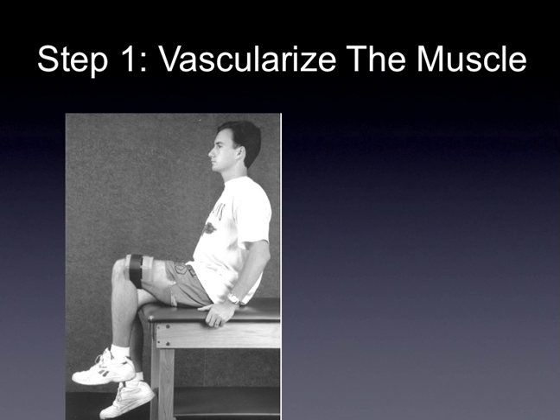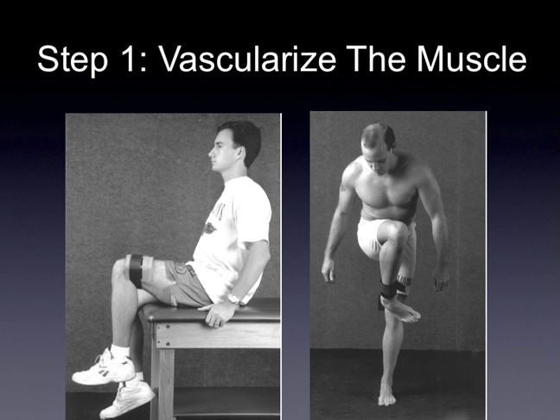Now, another exercise that I will use on people that are a little bit more coordinated is one that is a little bit more specific to the psoas, and it's a combination of trunk rotation and hip flexion.